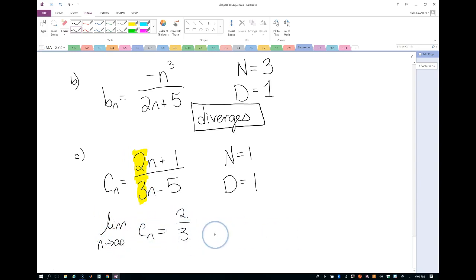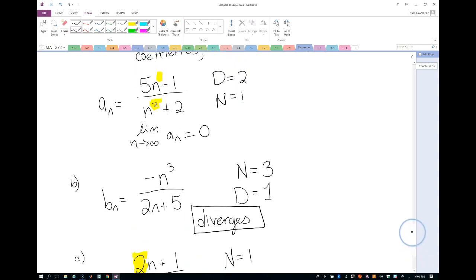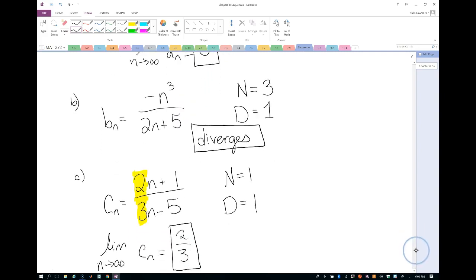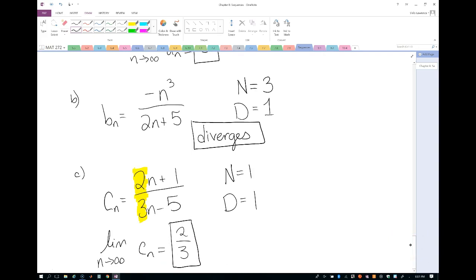Now, we can say that this sequence converges. By being able to identify a limit, that automatically means that it converges. If we can't find a limit, then we would say it diverges.